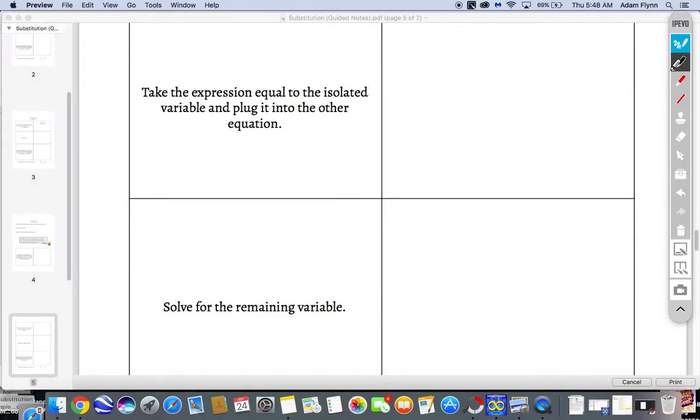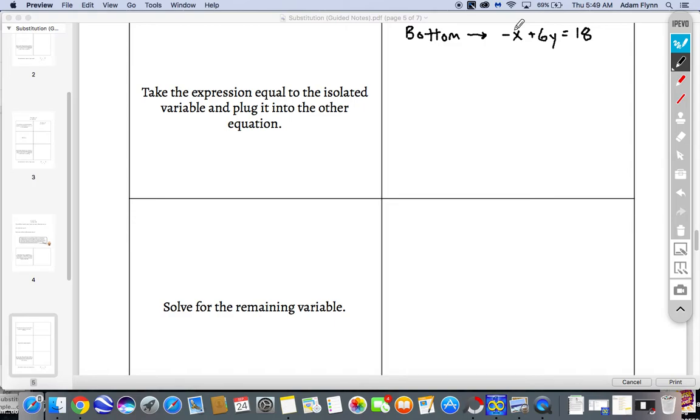All right, so what I'll do now is I'll take my bottom equation. My bottom equation is going to be -x plus 6y equals 18. But now I know what x is. Okay, I have an expression that is equal to x.